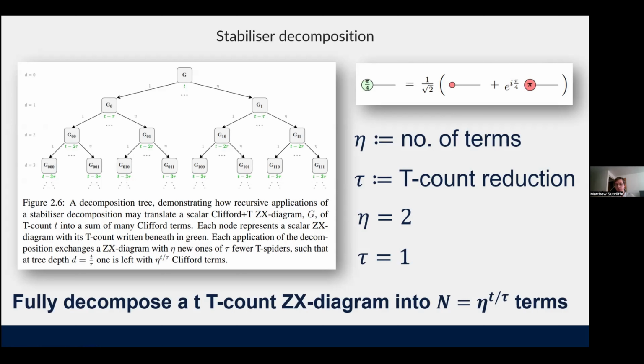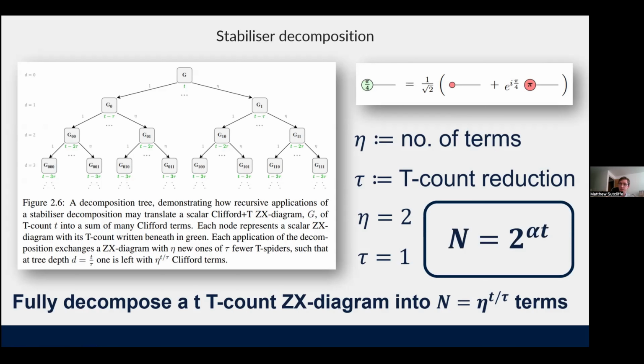Yeah, so you end up with eta to the T over tau terms, which, in order to compare different decompositions with a single metric, we generalize to 2 to the alpha T, where alpha is the metric of how effective this decomposition is. And n is the number of terms you end up with, which is more or less proportional to the runtime. So that's the thing we're trying to minimize.